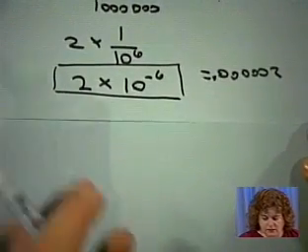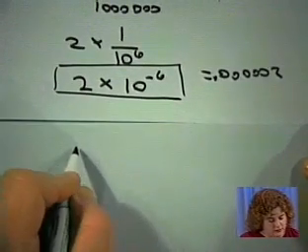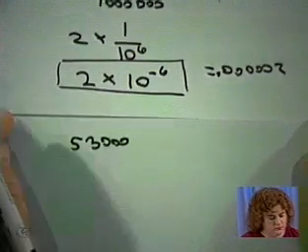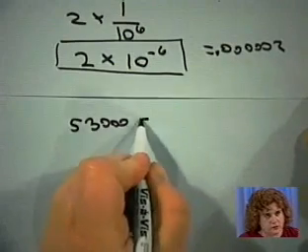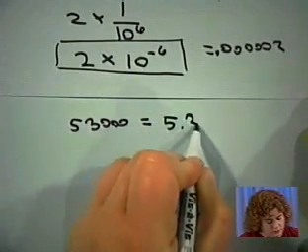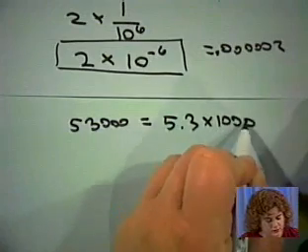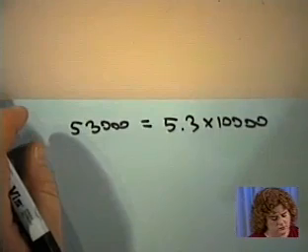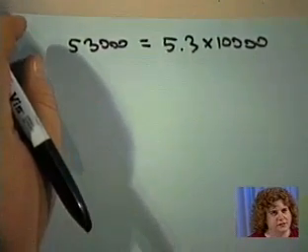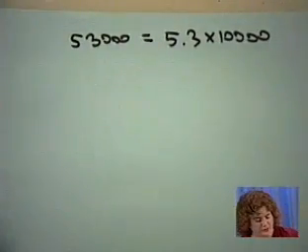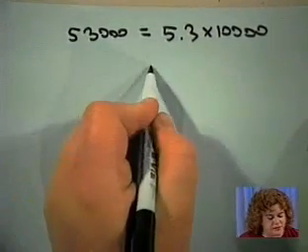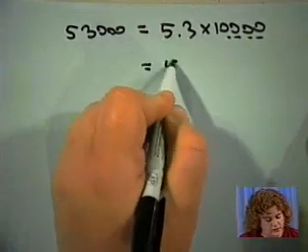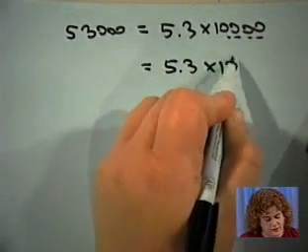Let's go back and look at that 53,000 again. I told you before we could write that as 5.3 times 10,000, but instead of hauling around 10,000, we have 4 zeros, so we're going to write that as 5.3 times 10 to the 4th.